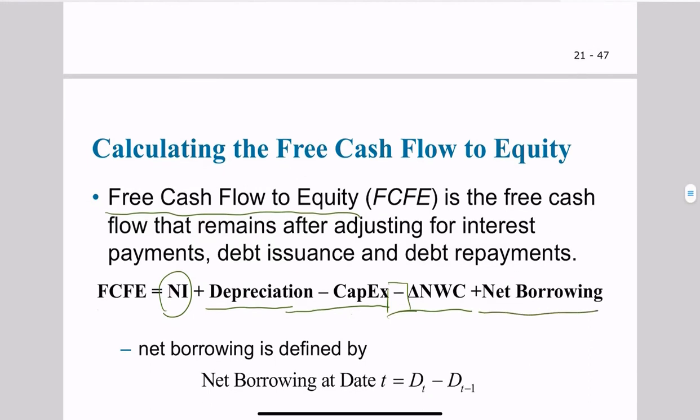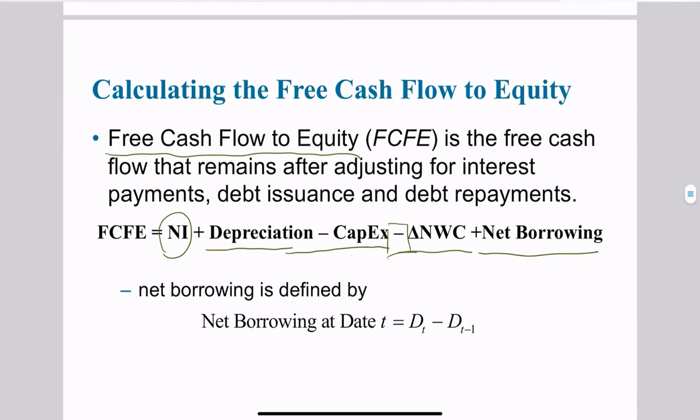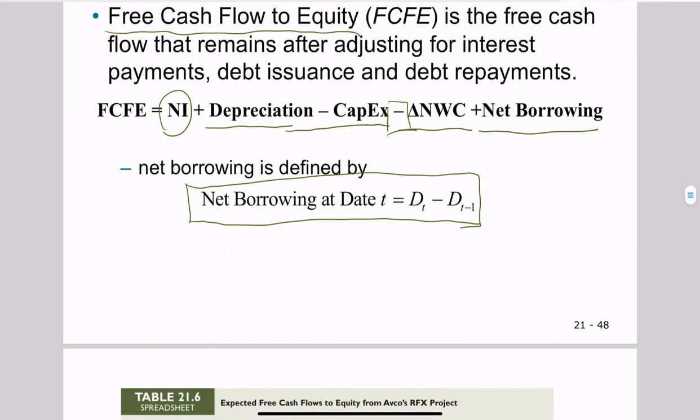Now, what is net borrowing? Well, net borrowing essentially measures the change of debt. So you can see that the formula tells you that net borrowing at date t equals date t's debt minus previous year's debt. So this is quite intuitive, right?